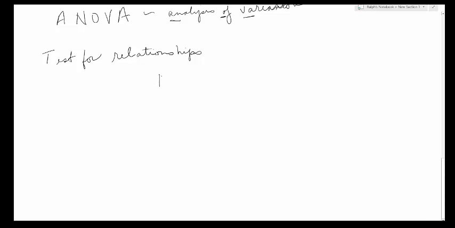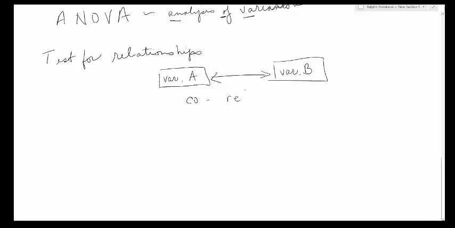All we know is that this variable A and this variable B we believe are co-related to each other. That is, A is related to B, and B is likewise related to A. And this is called, in statistics, a correlation.